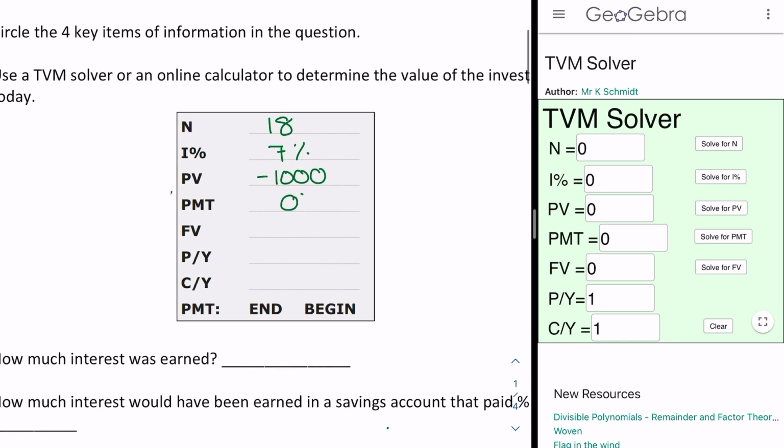There are no payments, and we're looking for future value. They get paid once a year, and it is compounded monthly, so 12 months in a year.